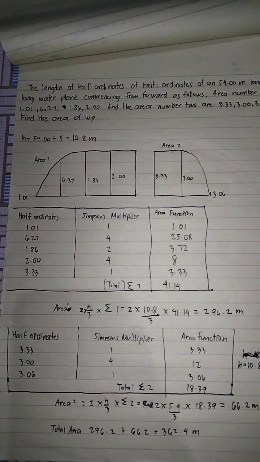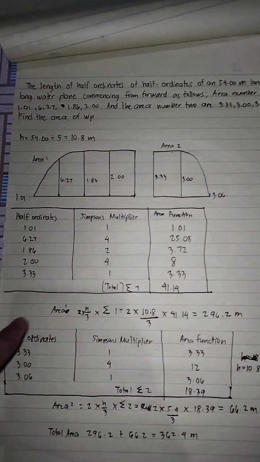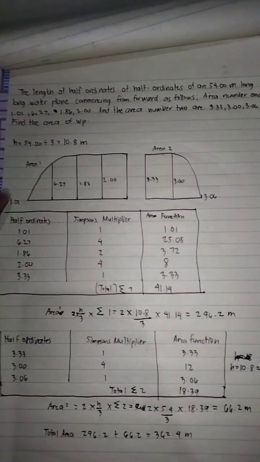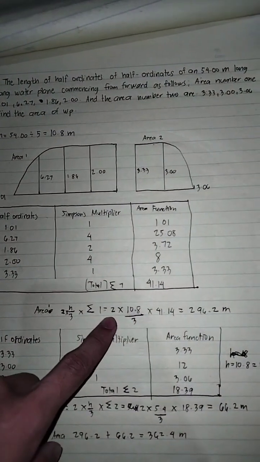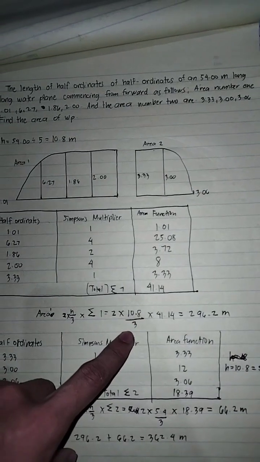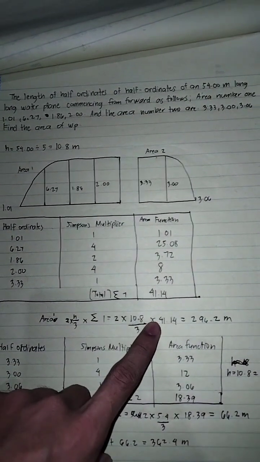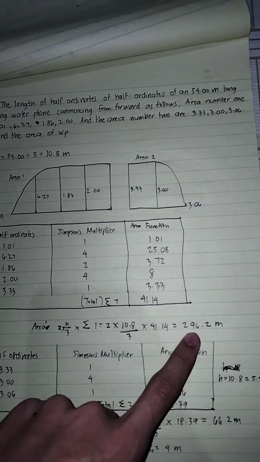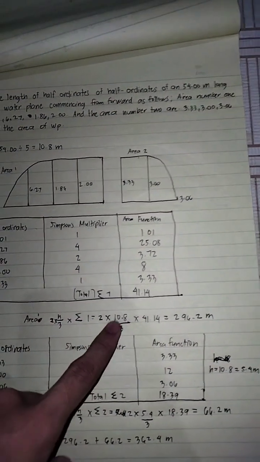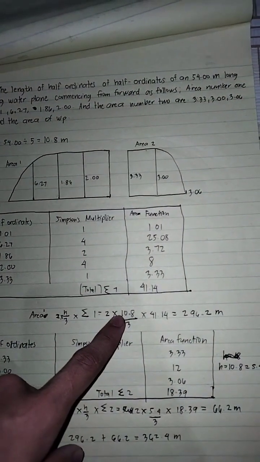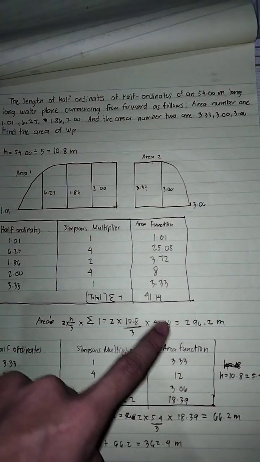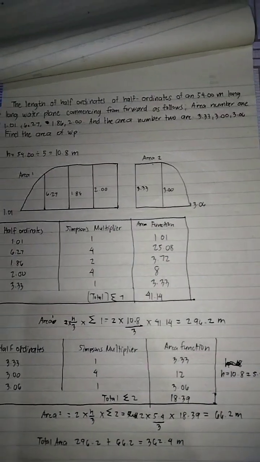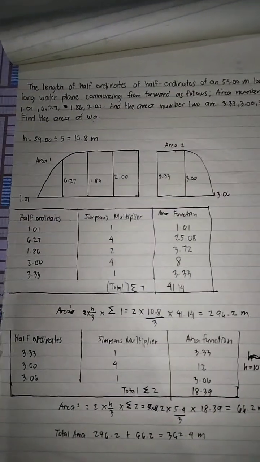Now we need to calculate the area of the water plane of this first area. This is the formula: 2 times 10.8 divided by 3 times 41.14 is equal to 296.2 meters. We get the 10.8 from the interval, while the 41.14 we get from the total area function. Let's move on to the next table.